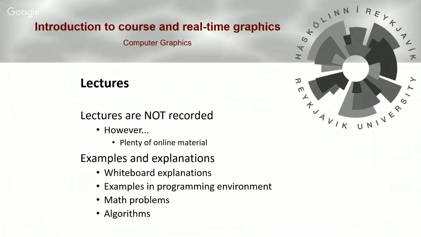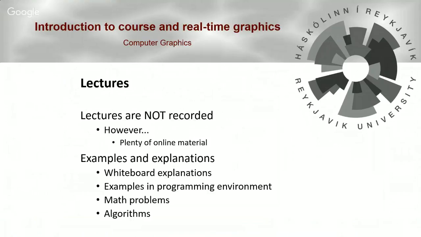Whereas in the programming assignments, we'll be using OpenGL to do that stuff for us in order to make more interesting programs. In the practical part, we'll be learning to use OpenGL to make graphics programs. In the theoretical part, we'll be learning what OpenGL does behind the scenes. So we won't necessarily be using everything that we learn in the lectures in the programs themselves. So it's a split course in that way.